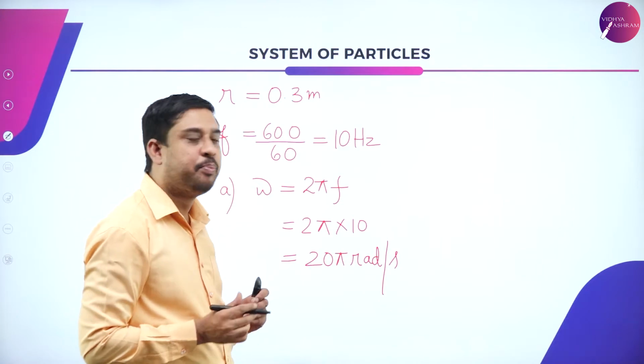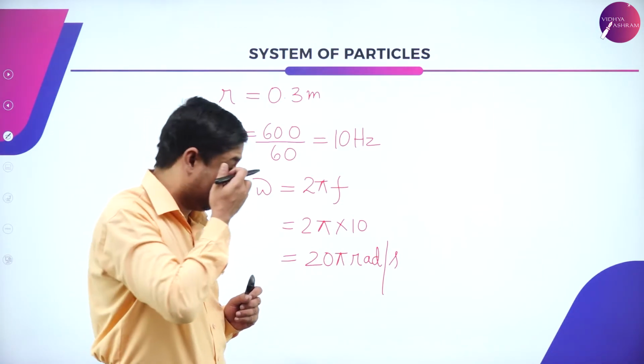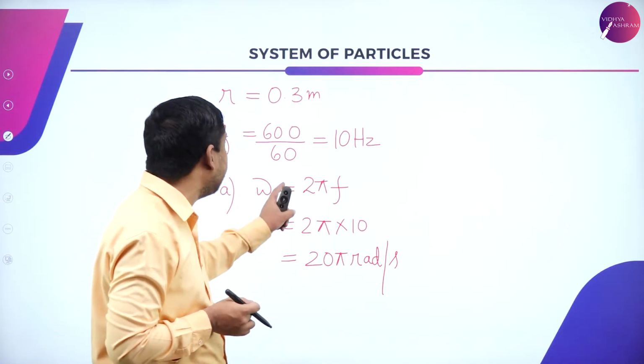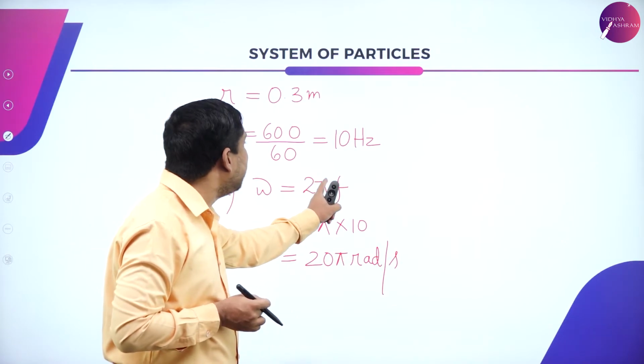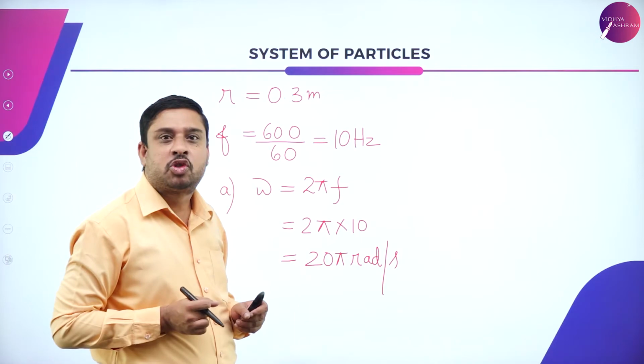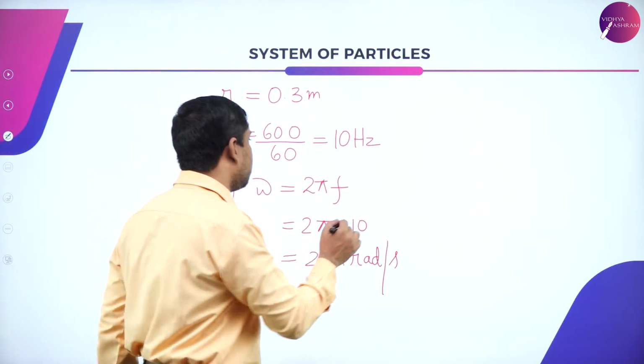See, very simple. So I have calculated omega, which is angular velocity, 2 pi f. F is 10, so 20 pi radian per second.